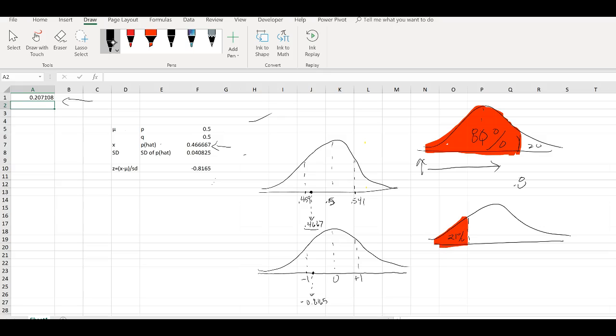And that kind of makes sense because this X value here is below the average, right? And what that's saying here is this is going to be roughly 20%. So 20% of all values are going to be less than 0.4667.